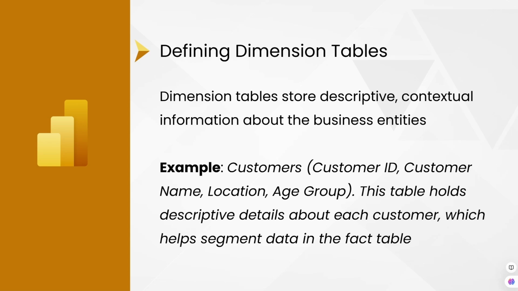Columns could include customer ID, customer name, location, and age group. Here, each row corresponds to a unique customer, providing details about who they are, where they are located, and their age group. Dimension tables add depth to our data, making it possible to analyze and categorize our metrics more effectively. They answer questions like who, where, when, and what in relation to the metrics in the fact table.